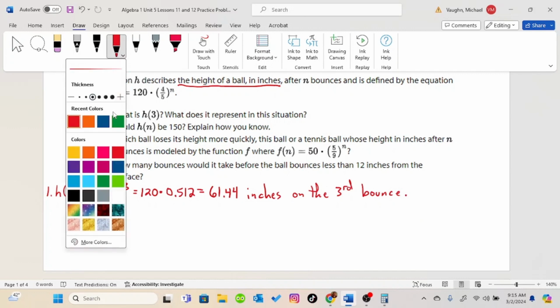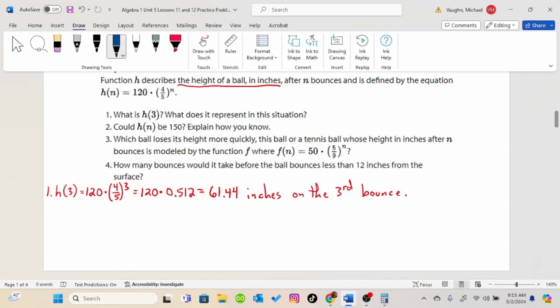Number 2. Could h of n be 150? Explain how you know. Well, if we look, 120 is our starting amount, and 4 over 5 is our growth factor.